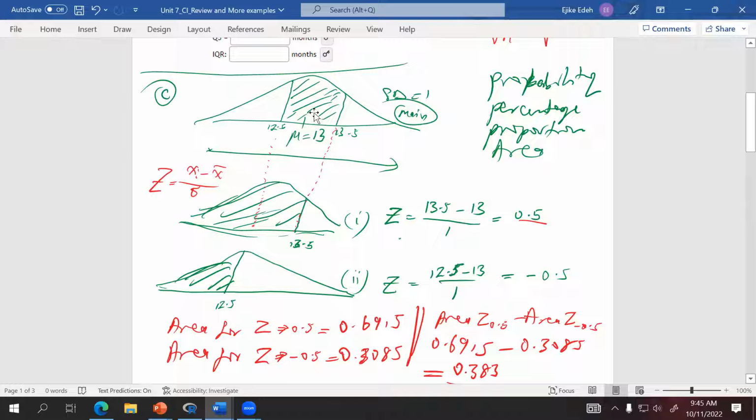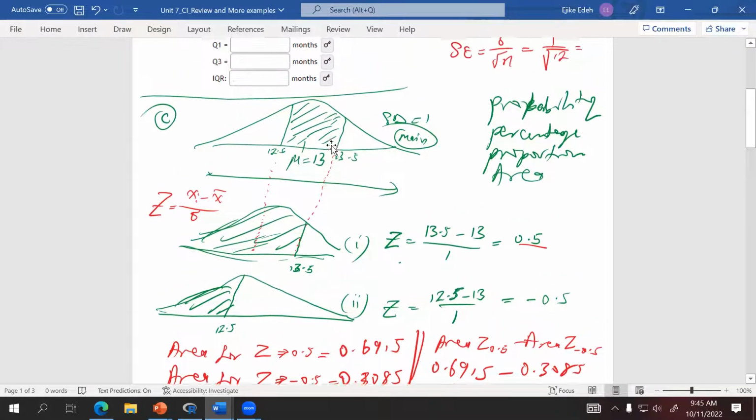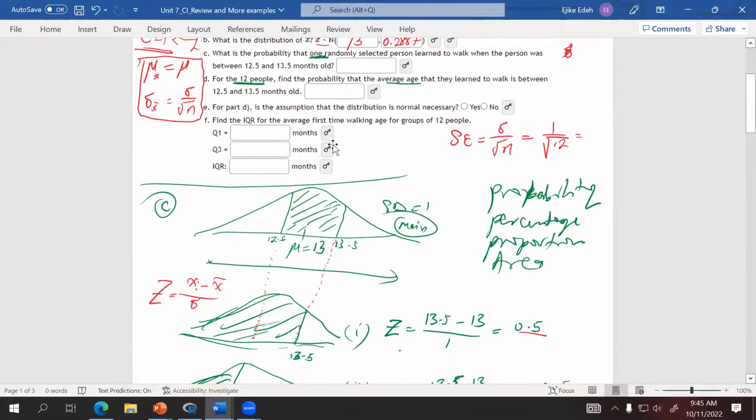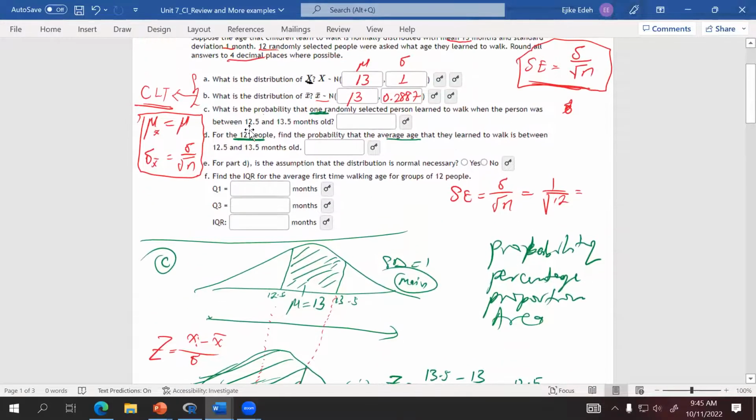Okay, I perceive that this will not be the issue, since we walked through this several times. So maybe the second question will be where the problem comes up. The second question, question D, says: for 12 people, find the probability that the average age they learn to walk is between 12.5 and 13.5.